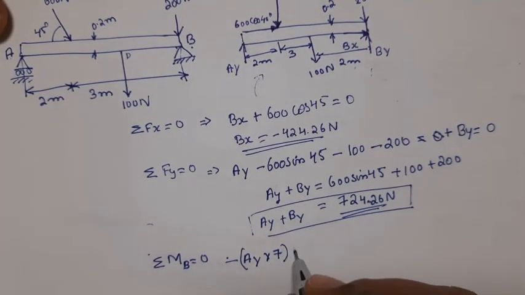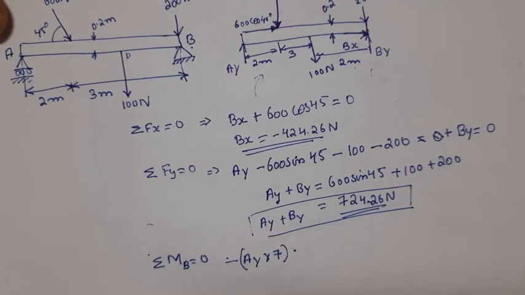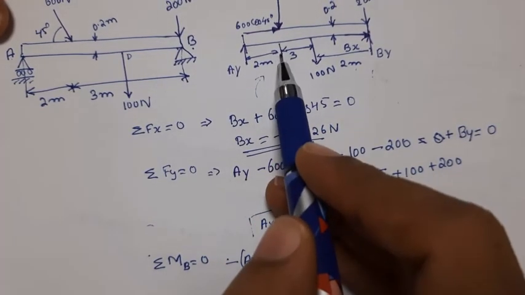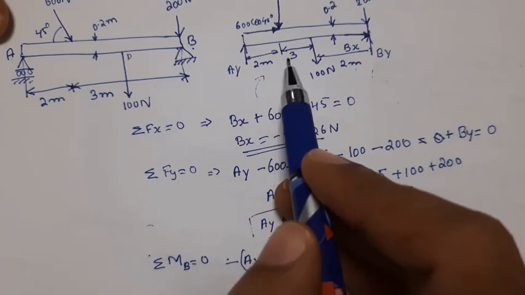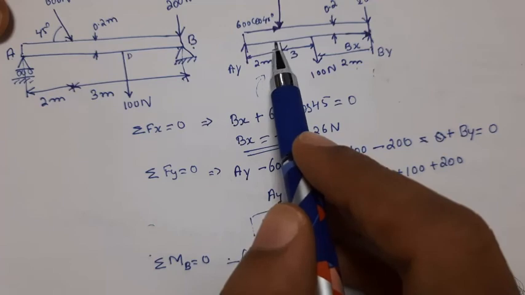Then we have another force, the one acting in the x direction at a distance of 3 plus 2, 5 meters, but with a thickness of 0.2.